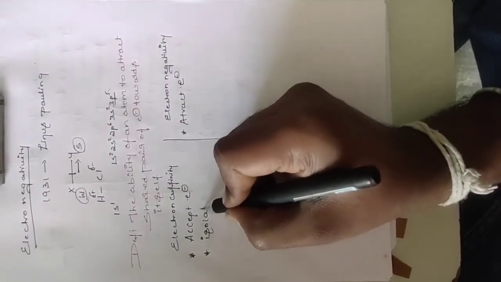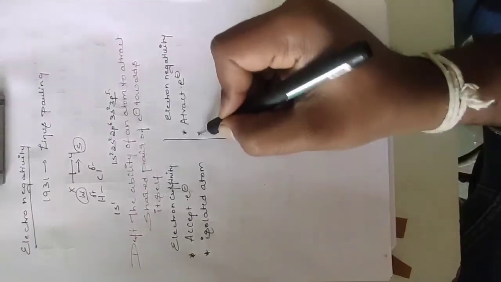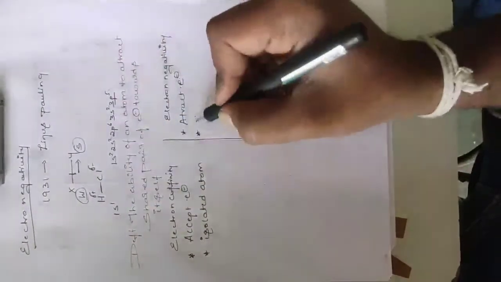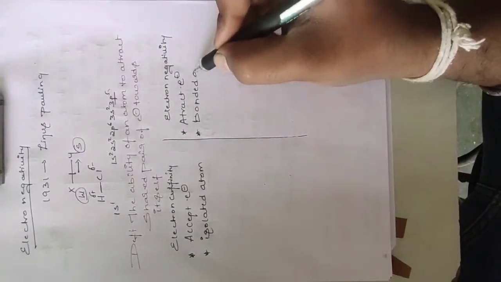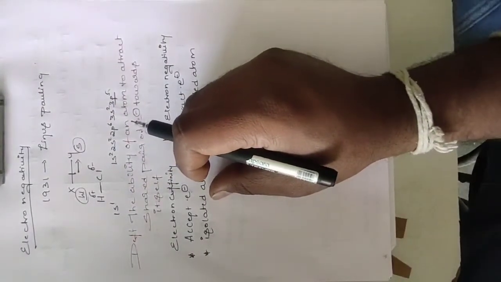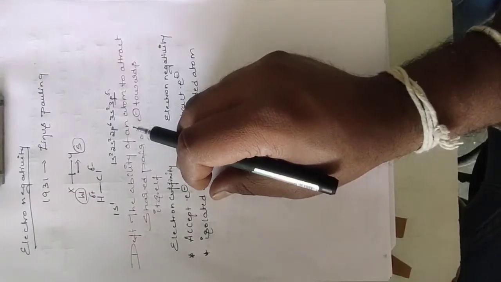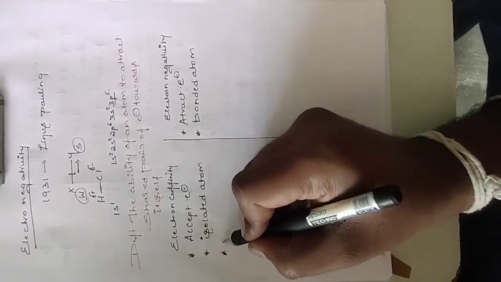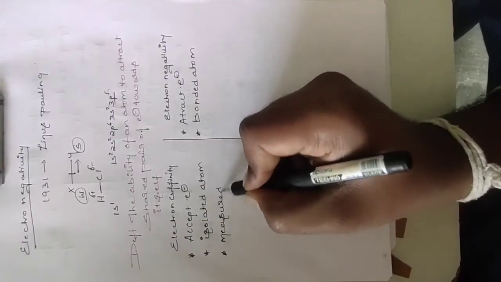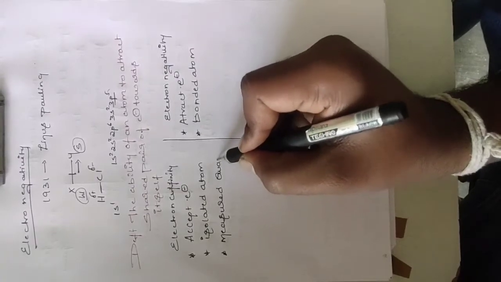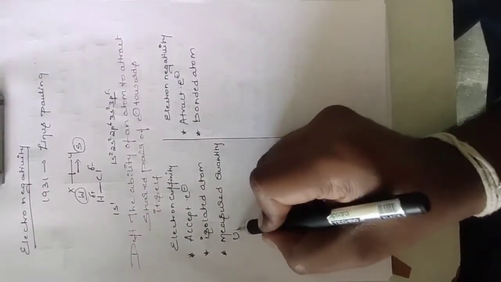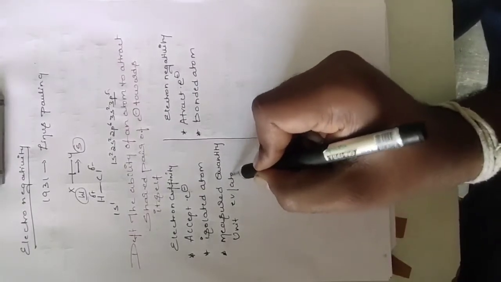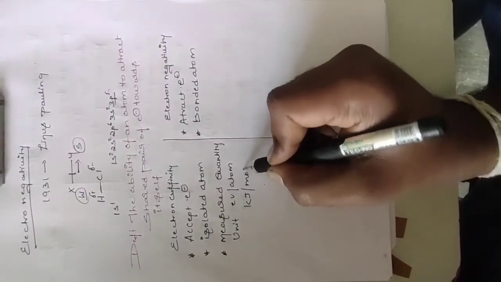Electron affinity applies to isolated atoms, while electronegativity is taken for bonded atoms. Electron affinity has measured quantity units, that is electron volts per atom or kilojoules per mole.